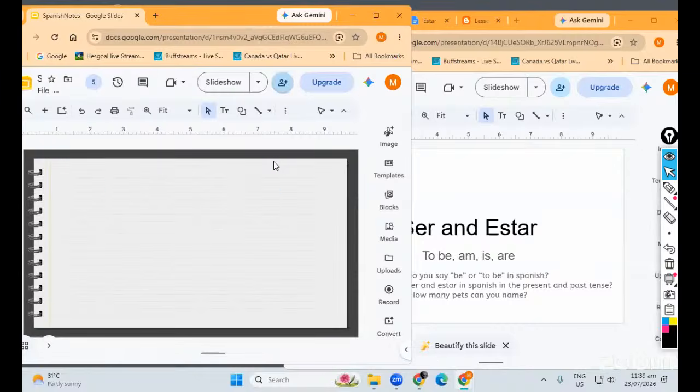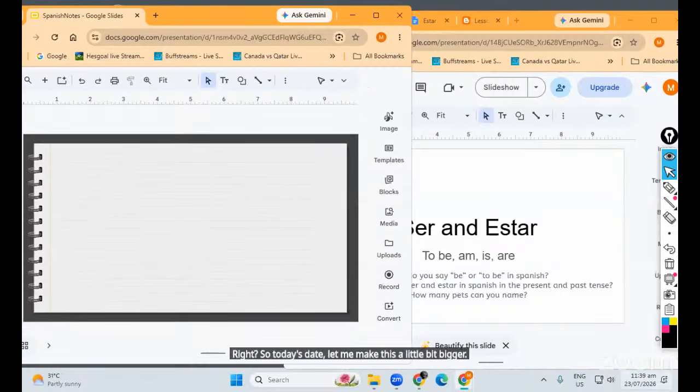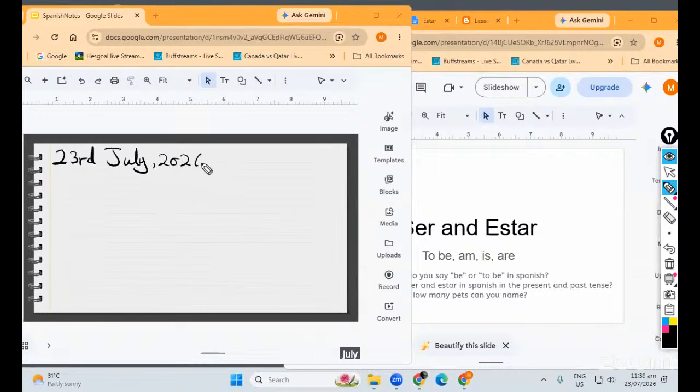Right, so today's date, let me make this a little bit bigger. Right, today's date is the 23rd. So you'll head up, however you head up, right? July 2026, right? So this is notes to write, notes to copy. Yes?